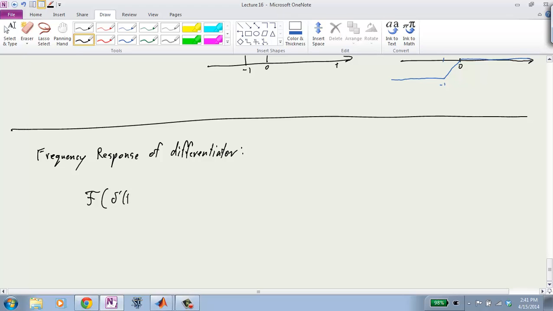Well, good news, because we have a rule now for how to use delta prime. So let's just plug that in. The integral of delta prime of t, e to the minus i 2 pi f t dt. And we know that should be just the derivative of this evaluated at t equals 0.